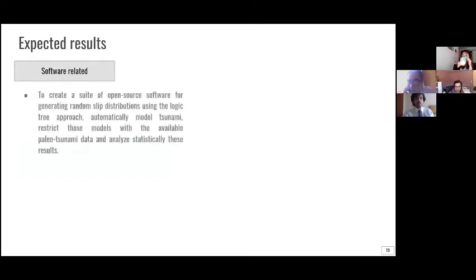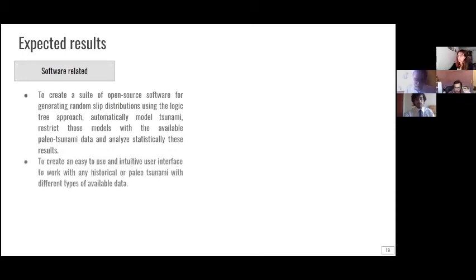So now the expected results and progress made. Expected results can also be divided into two sections. First, there are software-related expected results. We will strive to create a suite of open source software for generating these random slip distributions using Python, to automatically model tsunami, to restrict these models, both slip models, deformation models, and tsunami models, with the available paleo-tsunami data, and to analyze statistically these results.